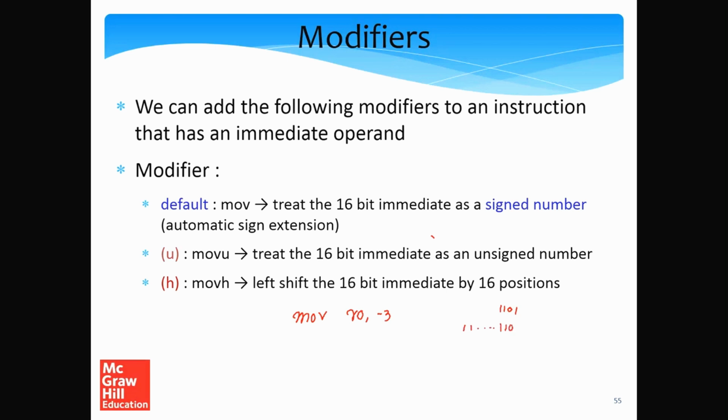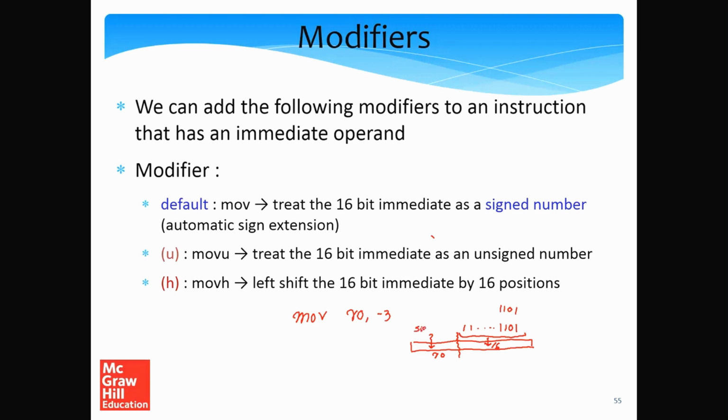It remains the same. So now the question is that when this is being moved to R0, which is actually a 32-bit register, what should be the default behavior if I do this? What should be the default behavior is that we have the contents of the immediate moved to the lower 16 bits, and the upper 16 bits is just a simple sign extension. So it preserves the sign of the immediate.